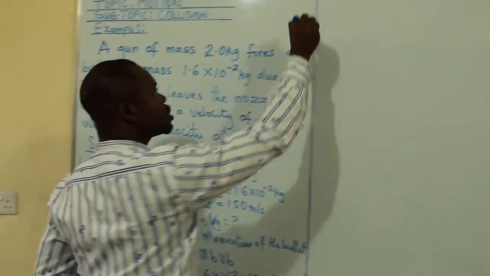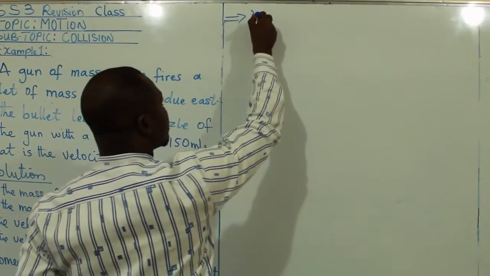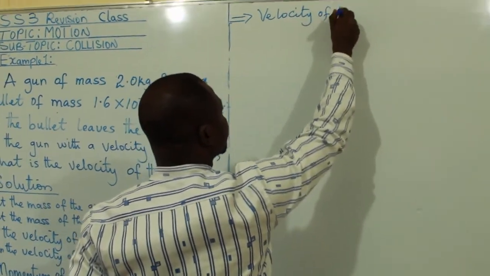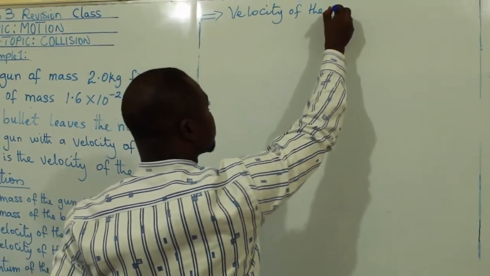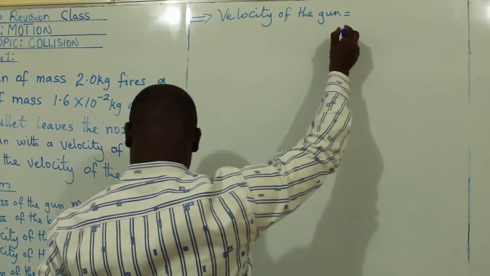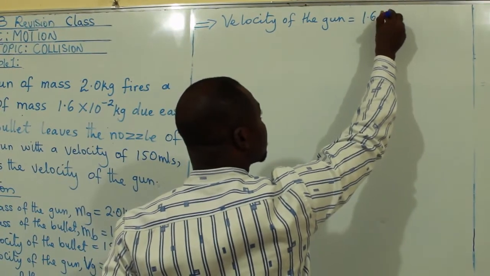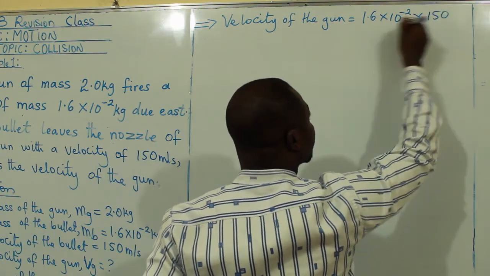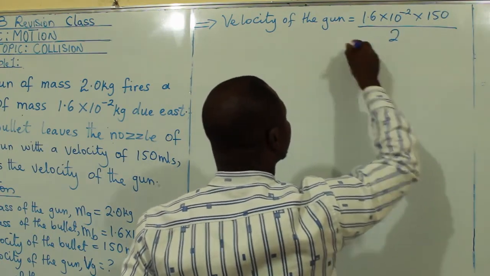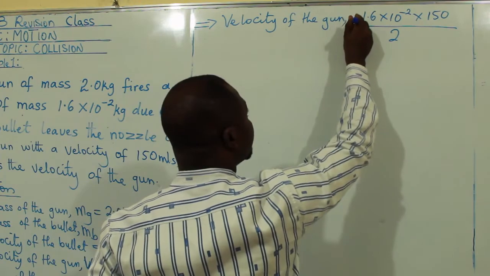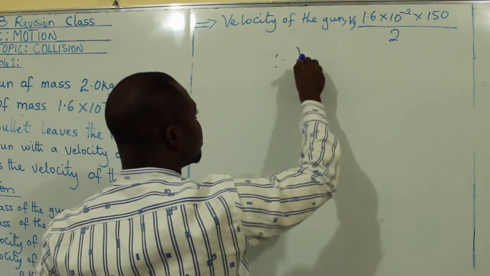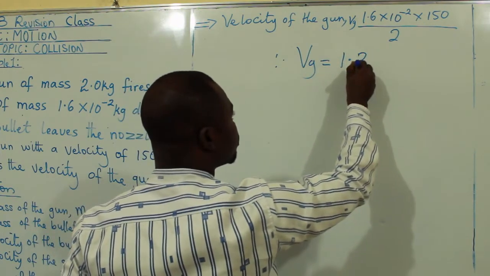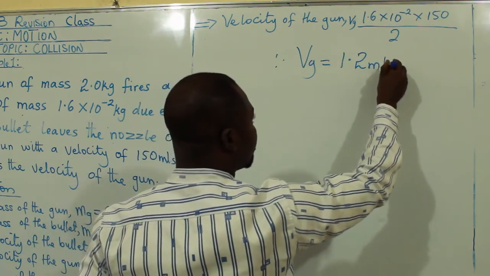So the velocity of the gun equals 1.6 times 10 raised to power minus 2 times 150 all over 2. The velocity of the gun is Vg. Therefore, Vg equals 1.2 meters per second.